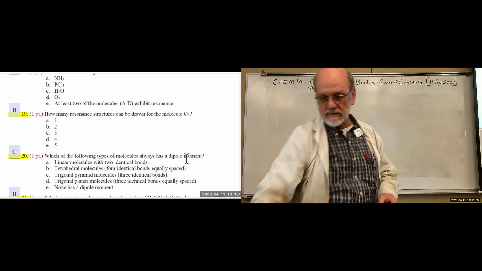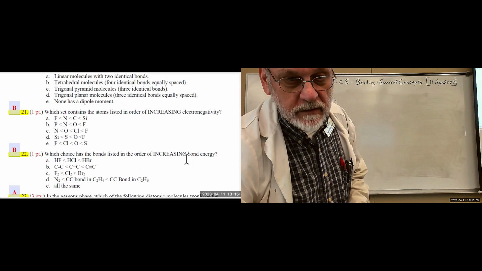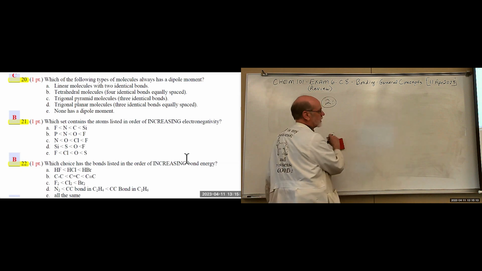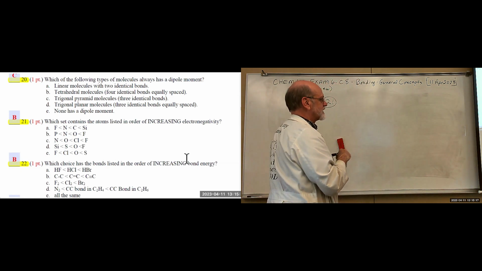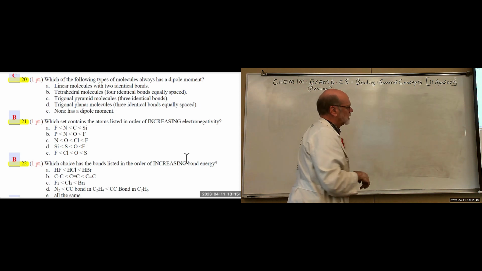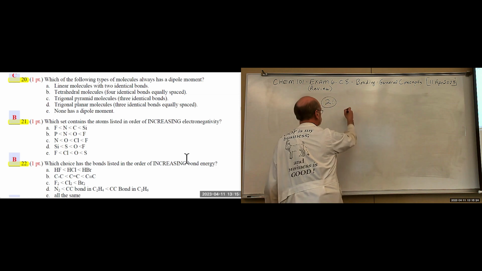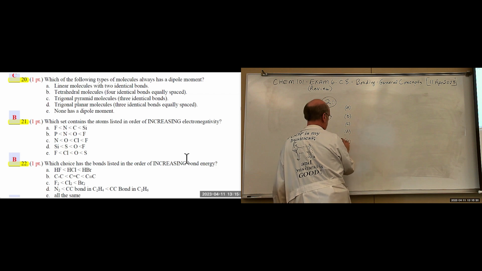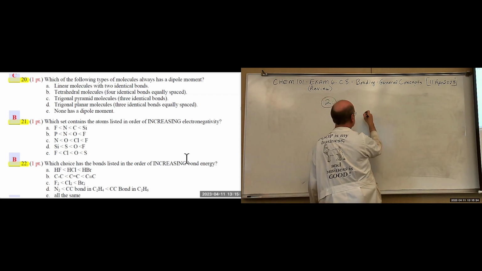All right, scroll to get 21. How about 22? And squeeze 21, 22 in there. All right, which set contains atoms listed in order of increasing electronegativity? So we got some oddballs. Yeah, fluorine, nitrogen, carbon, silicon.